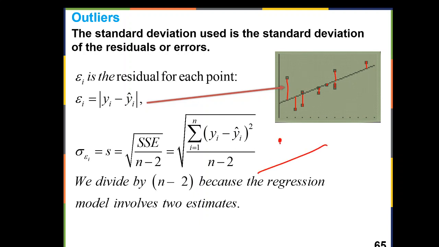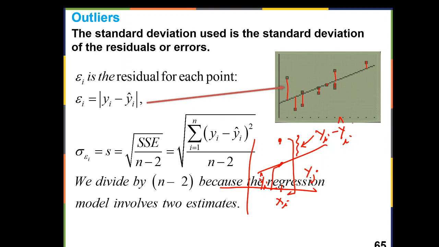If this is yi and this is xi, we find this distance right here is yi, and the distance from the line to this is our y hat i, and this distance here is yi minus y hat i.